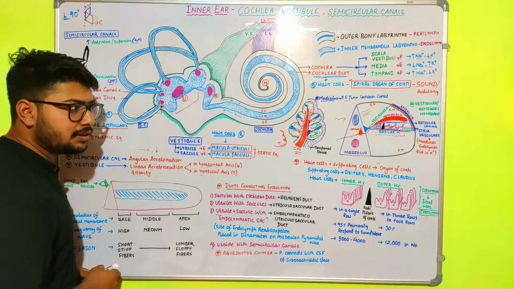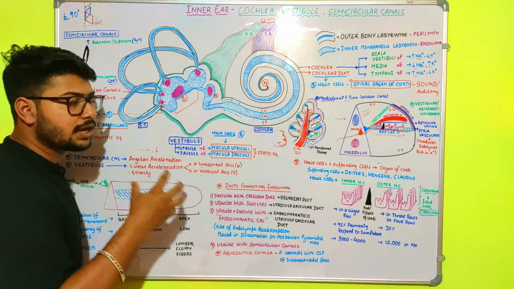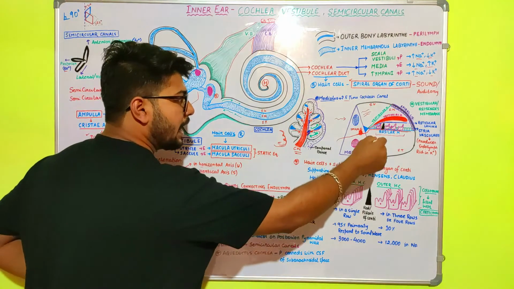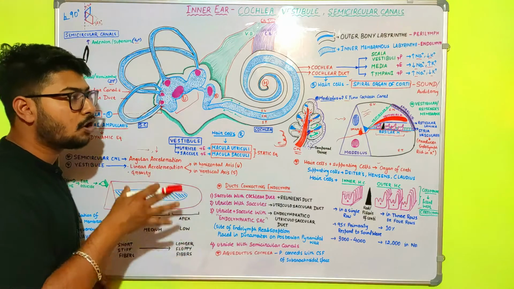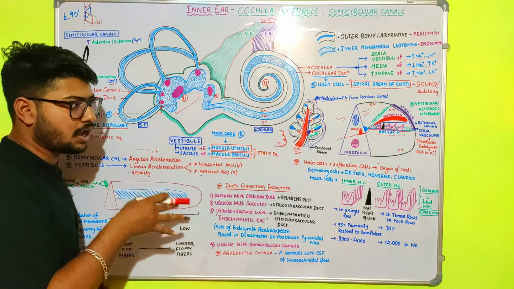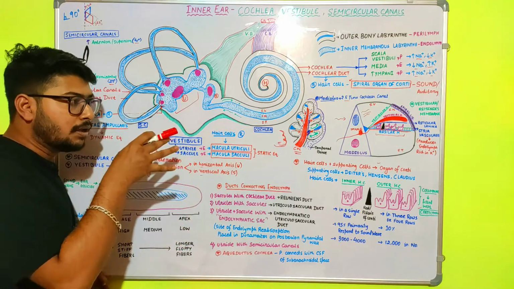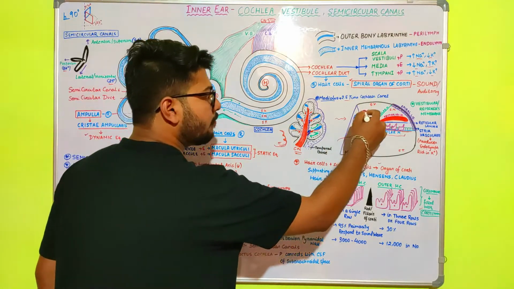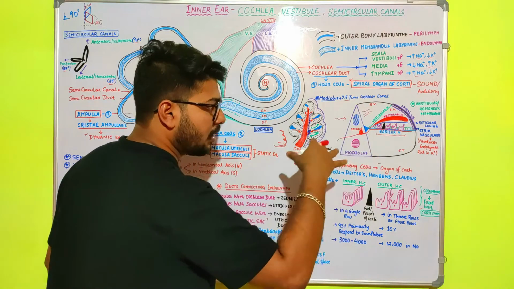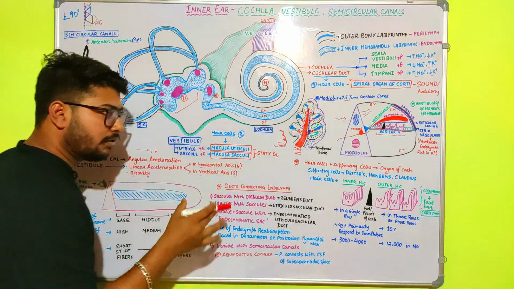I am going to explain the exact structure of stereocilia and kinocilia that are present in the hair cell in my next video, where I am going to explain the mechanism of actual sound reception, how the sound is going to be perceived.